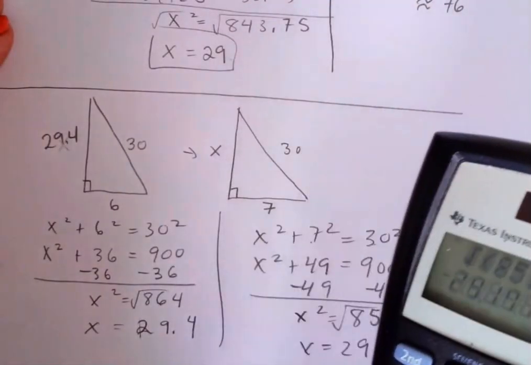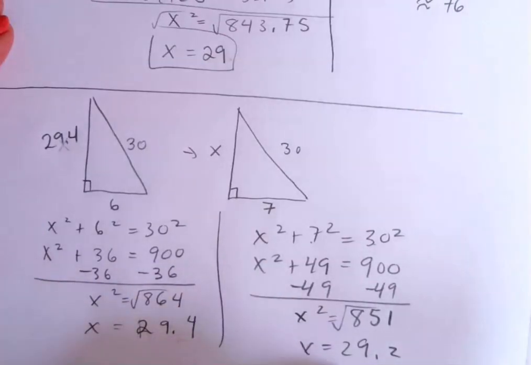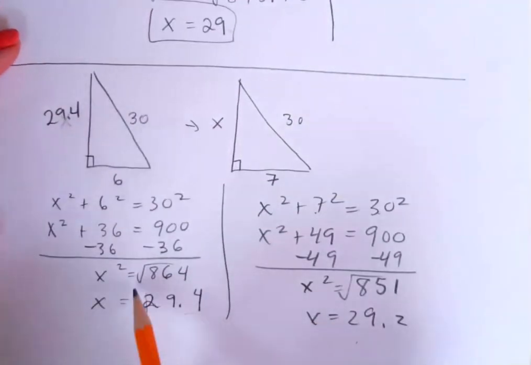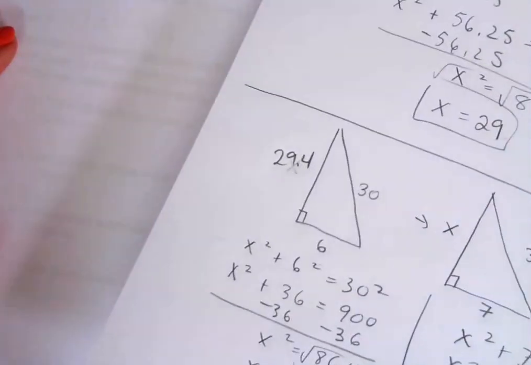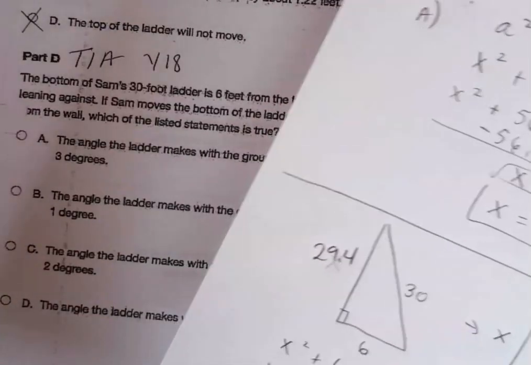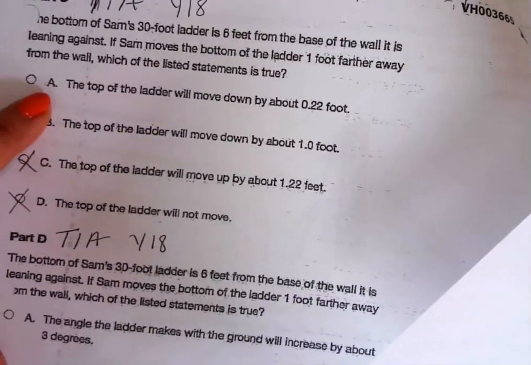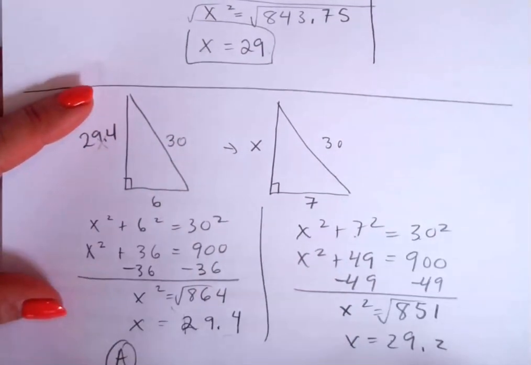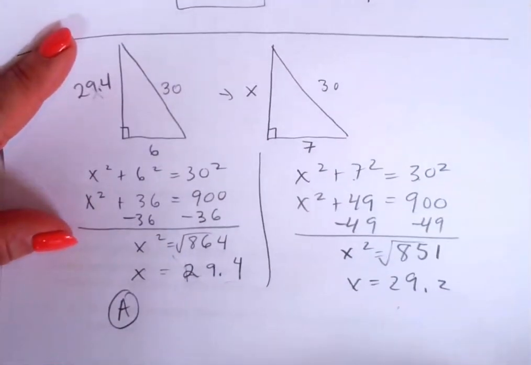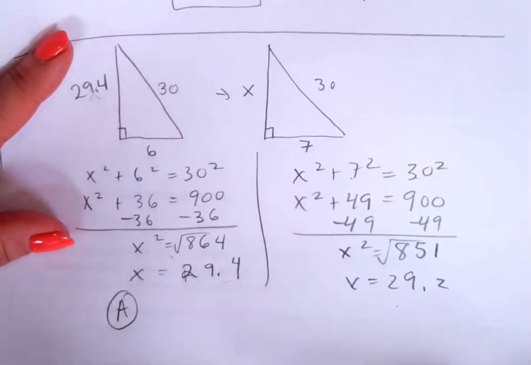It went down by about 0.2, right? It was 29.4, now it's about 29.2. It went down by about 0.2. So if you guessed A, that was a good guess. The answer is A. Okay, it went down a little bit, but not a whole foot.